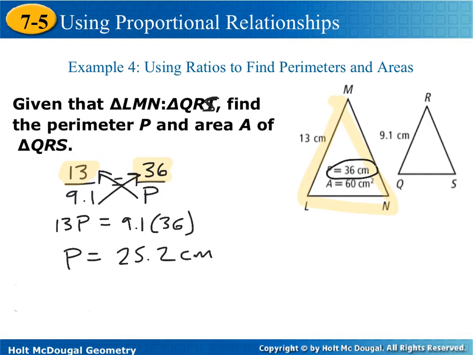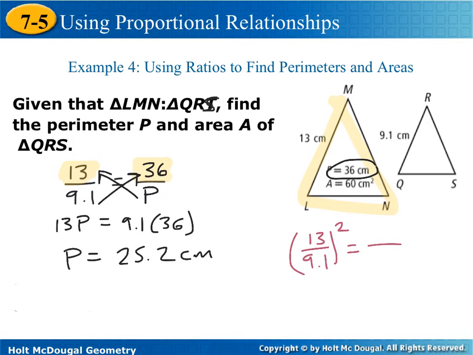Okay, now we're going to do the same thing to find the area, but what's going to change about our ratio? We square it to find the area. So we do 13 over 9.1 squared. So when we're finding the area, we have to square our ratio. But we leave the right side the same.